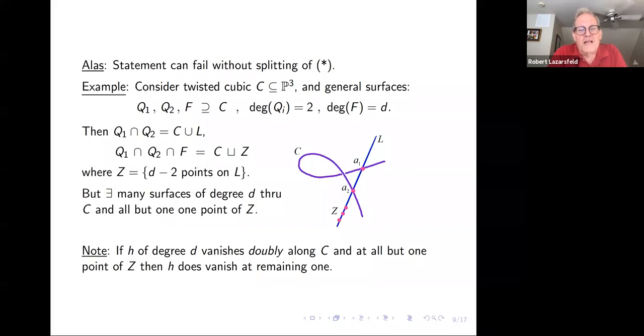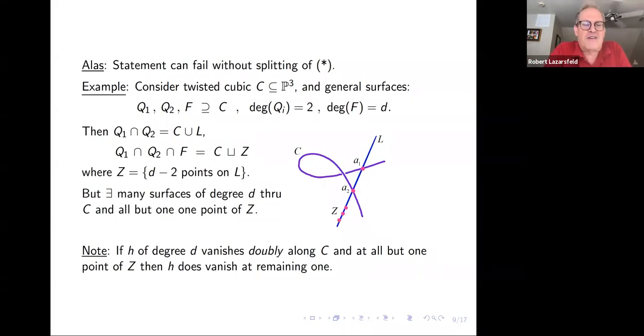In other words, if we take a surface of degree D passing through C, and it vanishes at D minus 3 of these points down here, does it automatically vanish at the remaining one? And the answer is no, there's no reason it should. For example, you take a cubic through C, and you take planes through D minus 3 of these points, and there's no reason those have to pass through the remaining one. And again, there are much easier counterexamples.